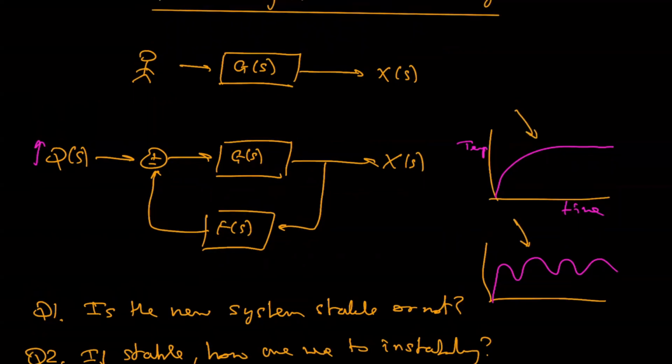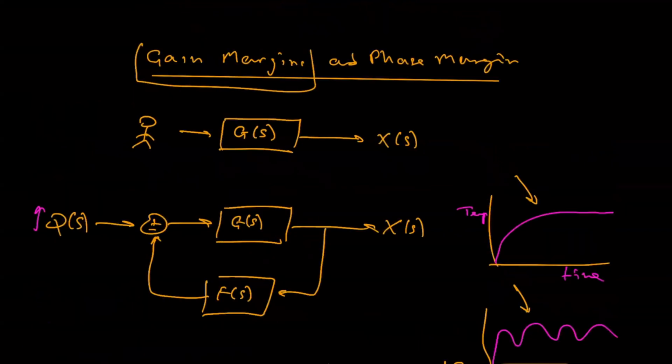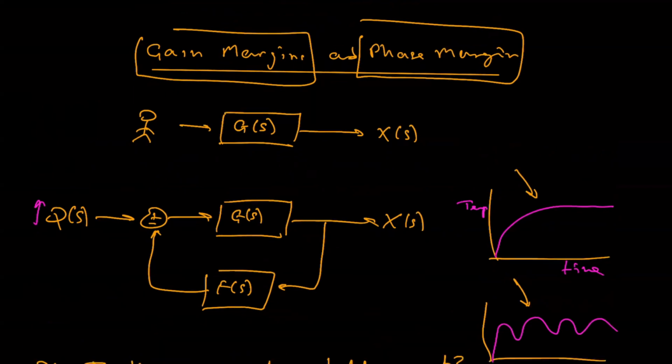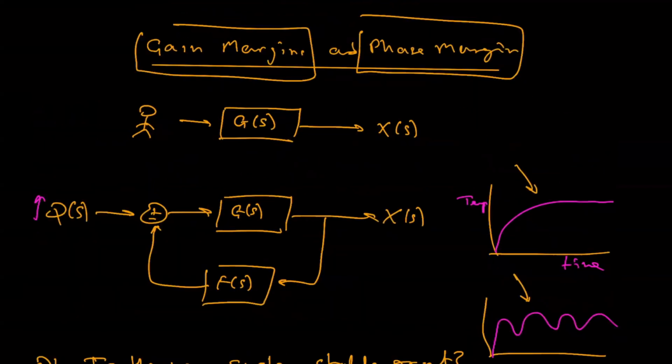And that's what the gain margins and phase margins are for. Either of them will do, but it sometimes depends on the application. Sometimes it's better to look at the phase margin, sometimes the gain margin, but they'll both say the same thing in the end. The margin will tell you how close you are to instability, or how close you are to stability if you're already unstable. So that's what we're going to find out.